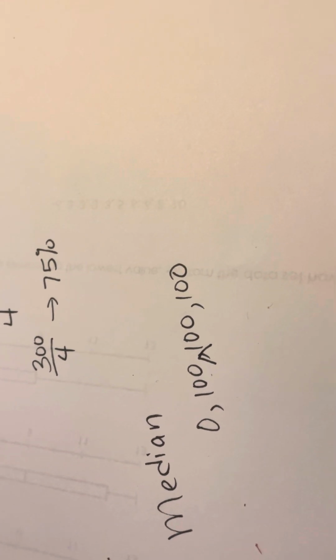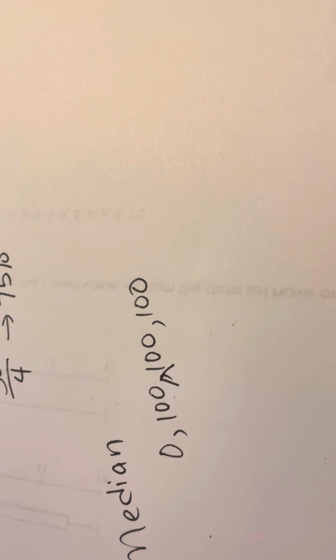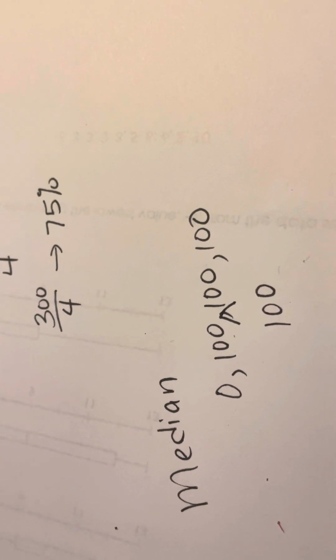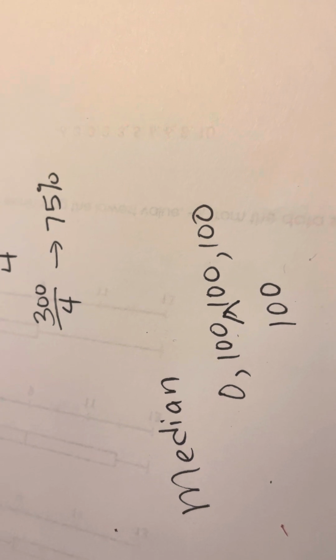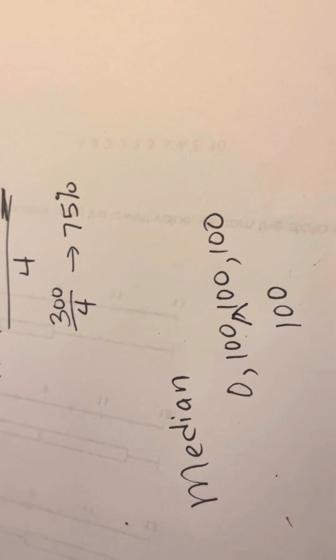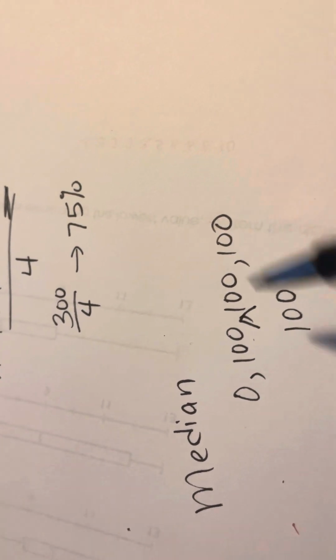Well, two quick ways that we can think about that. What number is between 100 and 100? It's just 100. Or I can add these two together and then divide by 2. 100 plus 100 is 200, divided by 2, is 100.